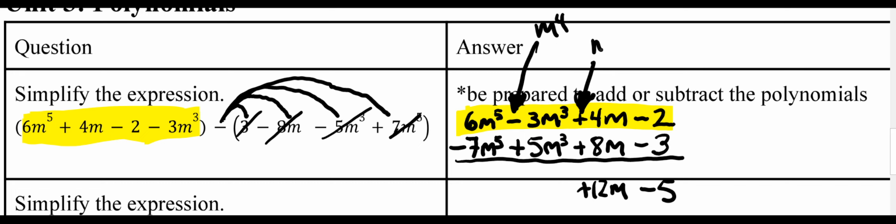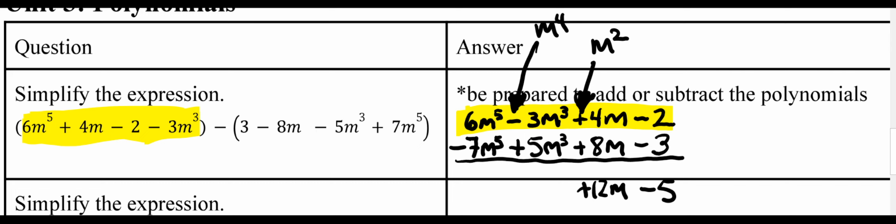There's also no m squared term. And had there been, in either of these two polynomials, you probably would have wanted to leave some spaces there so that you could have lined up all of those and you didn't get confused trying to combine terms that are not like terms. We don't have that, so we're just going to continue.